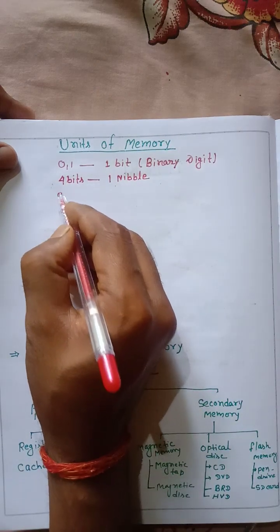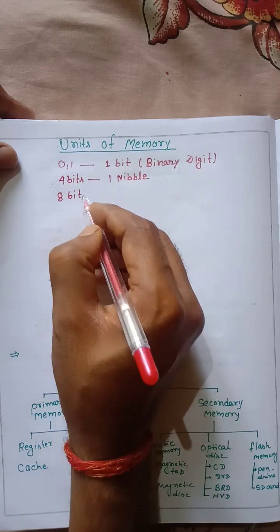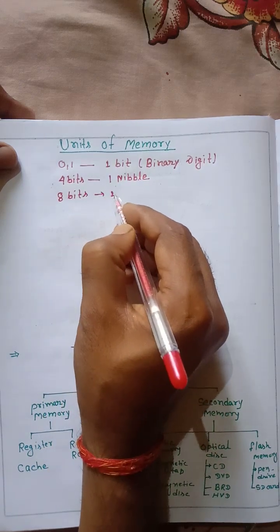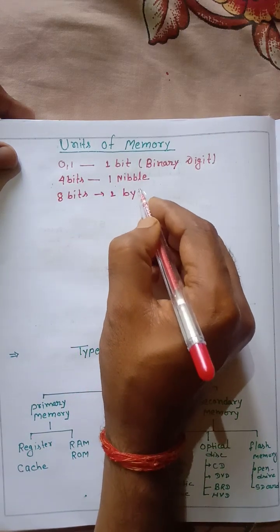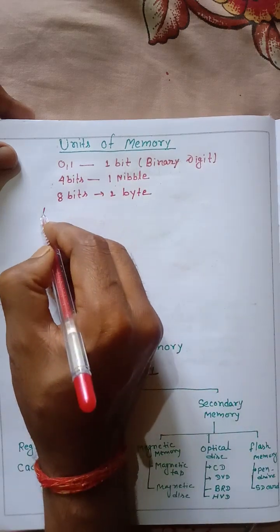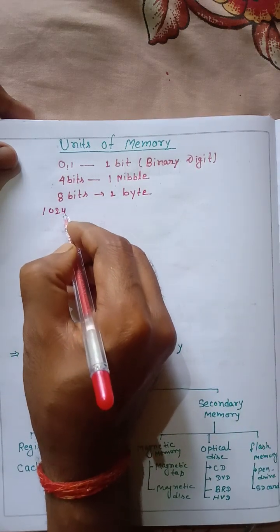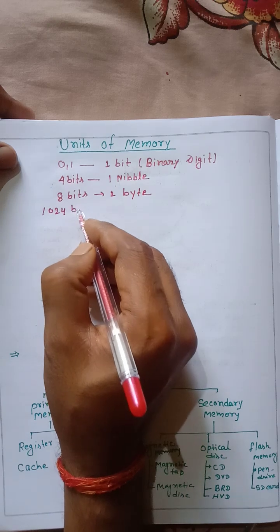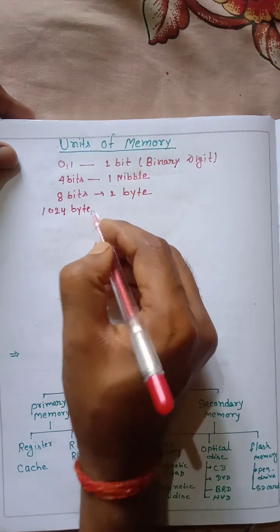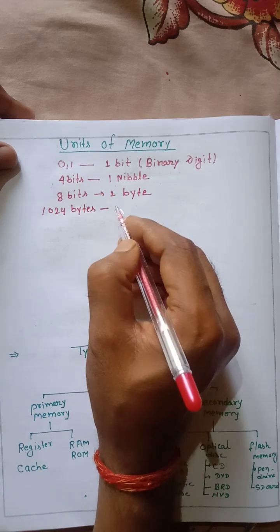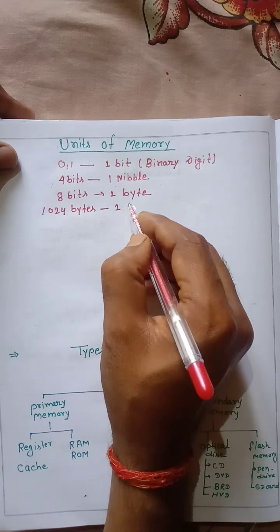Now 8 bits equals 1 byte. 1024 bytes equals 1 KB.